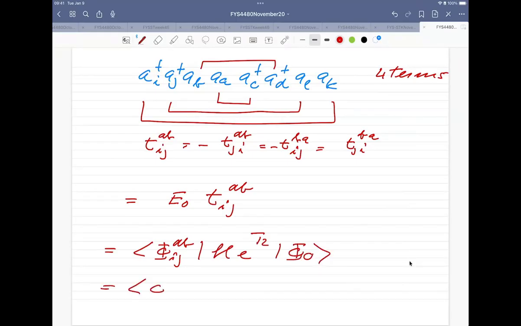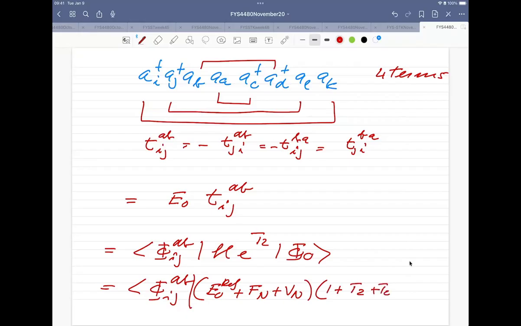So what I'm going to get now is phi Ij AB, and the Hamiltonian is E0 ref, the reference energy, plus Fn plus V of n. And this is now multiplied with 1 plus T2 plus T2 squared plus, and then finally phi 0 here.